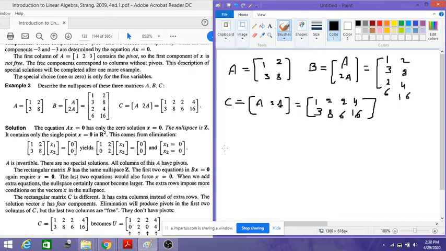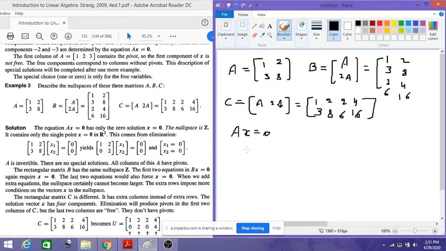So now the equation Ax equal to 0 has only the 0 solution, that is x equal to 0, and the null space is Z, that is 0.